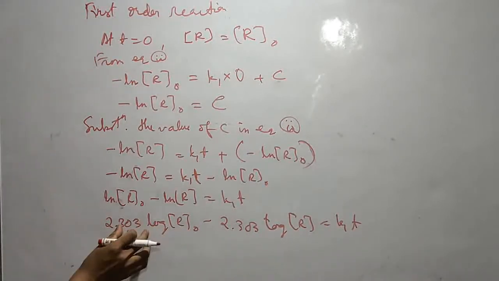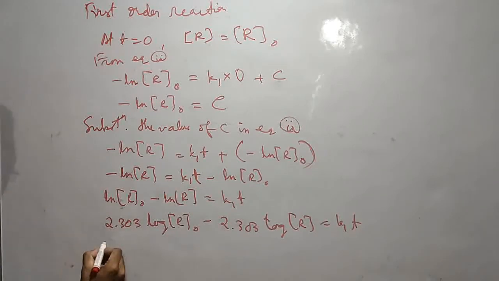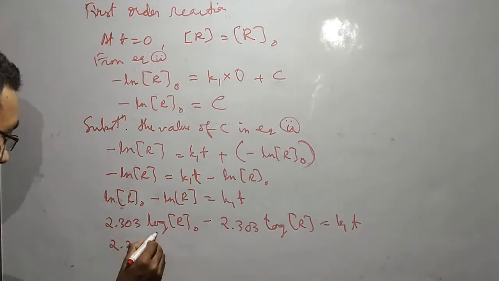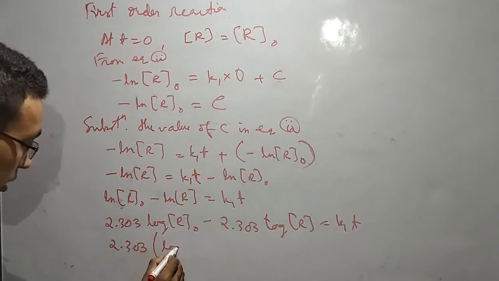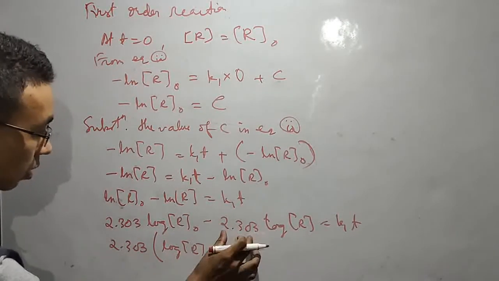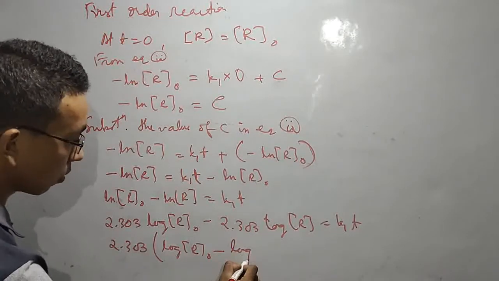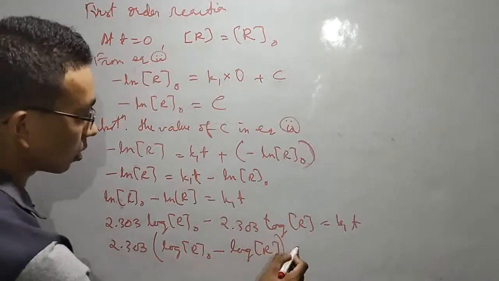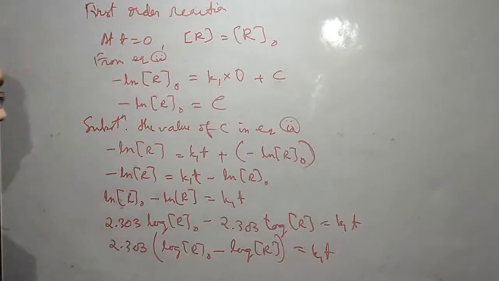Now 2.303 we can take common, so 2.303 times log R naught minus log R is equal to K1 t. Then next step, you transfer this 2.303 to that side.